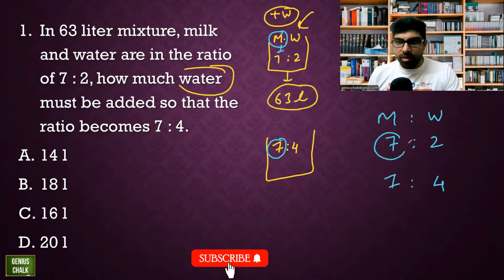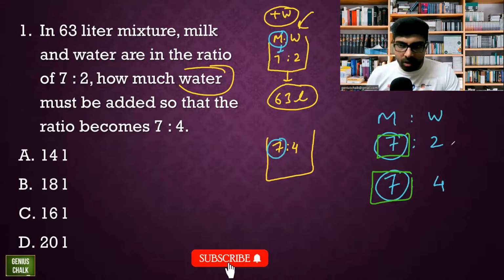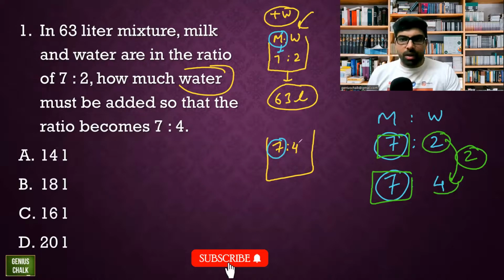That means I have added water, so milk has not changed. The quantity of milk should not change. Here we can observe that the quantity is not changed. It was earlier 7, now it is also 7. So what is the change in water? That is 2 units. From 2, it has become 4, right?